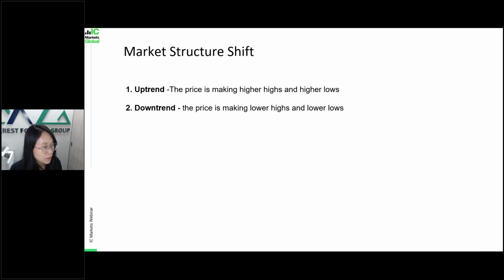So this is just capturing the uptrend and the downtrend.